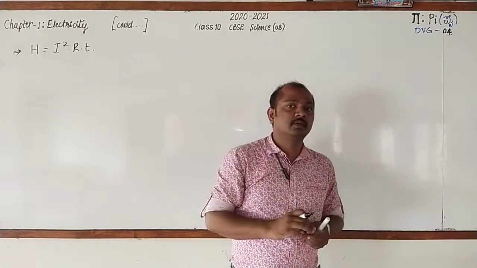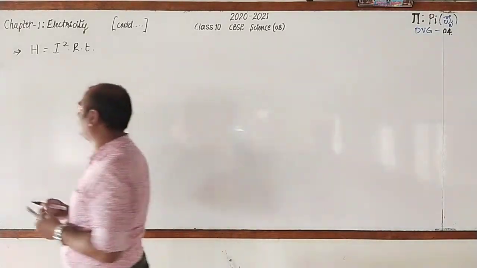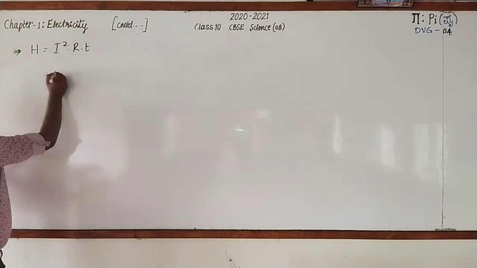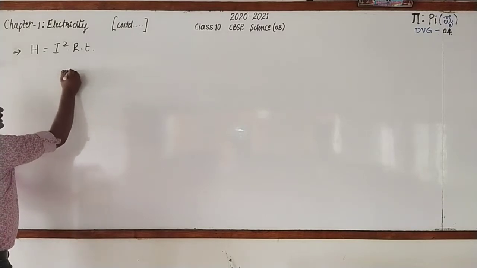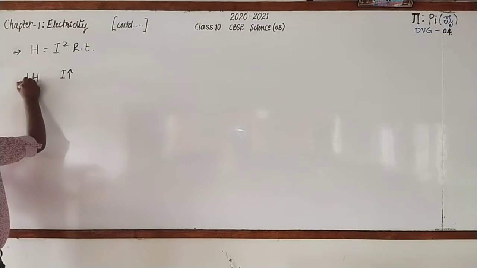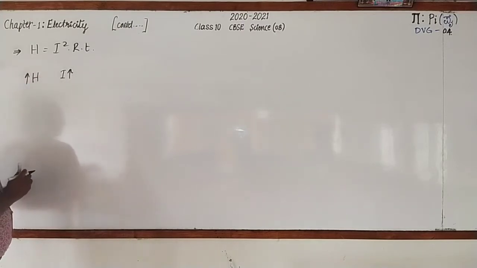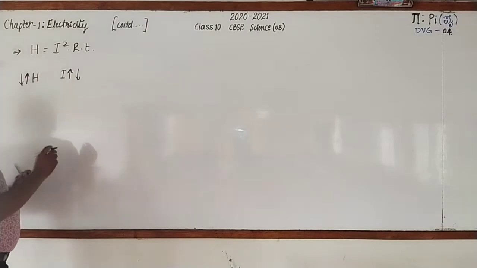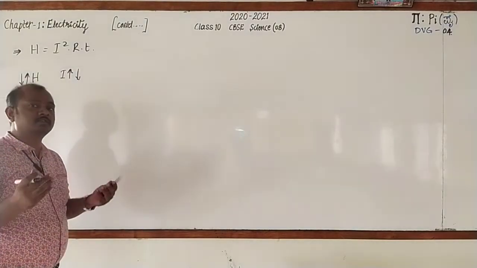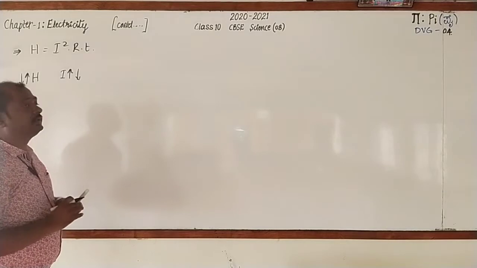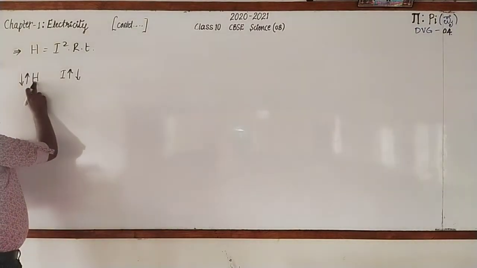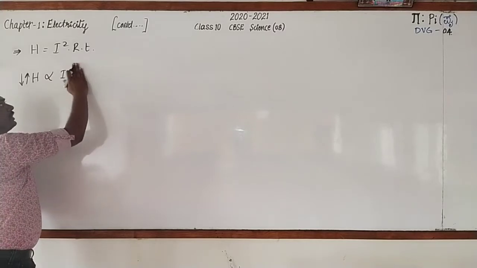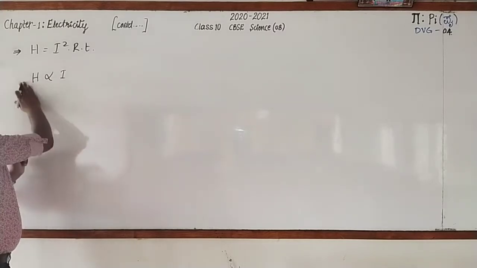So due to this, more amount of heat is generated. Right? So now we can write as current increases, heat also increases. As the amount of current decreases, the heat generated also decreases. Right? Then how they are related? Heat generated is directly proportional to the current flowing in the circuit.